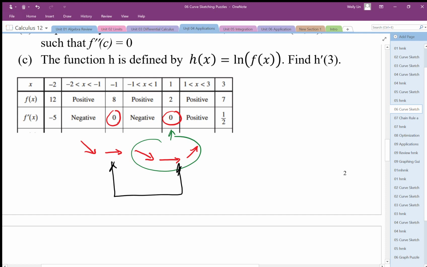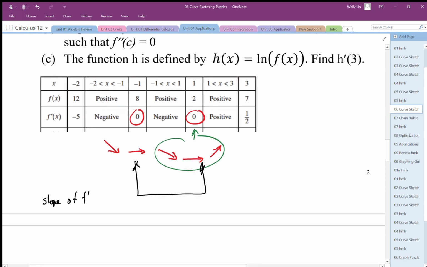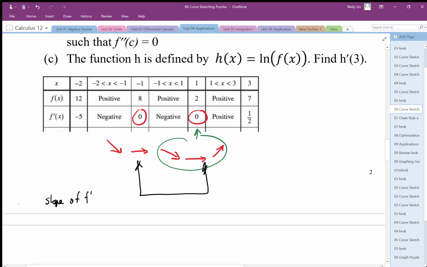I'm going to find the slope of f prime, which means I'm talking about the derivative of the derivative, the slope of the slope. And I'm going to find the average slope. The average slope we can see is 0, so it's going to be 0 minus 0 over 1 minus -1, so the slope is 0. So that's our average slope.